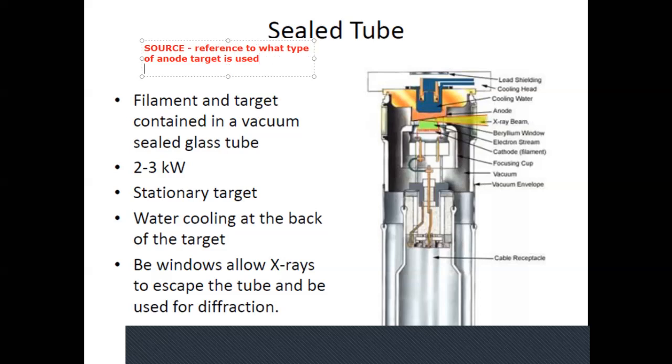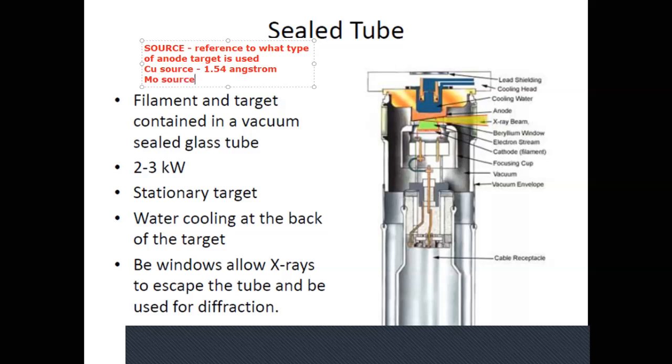There are two main types of sources we use: the copper source, which has the 1.54 angstrom radiation, and the molybdenum source. For small molecules, these are the two most used sources.